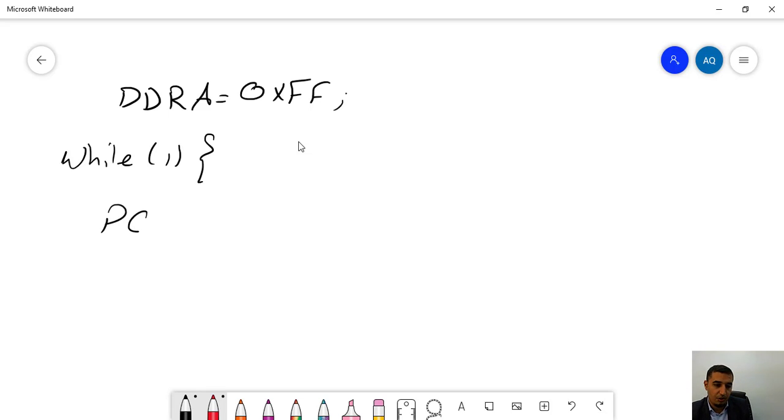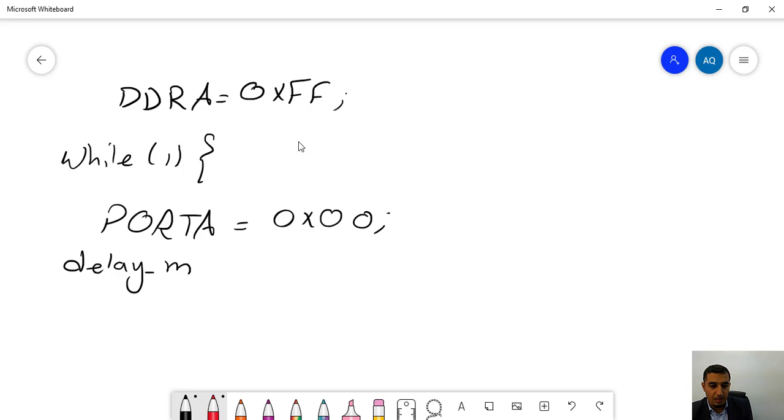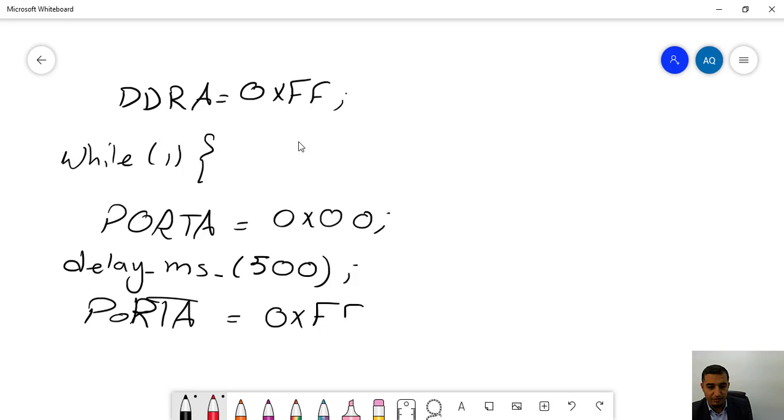I will say PORTA is equal to 0x00. Then I will put _delay_ms(500), and then PORTA is equal to 0xFF.